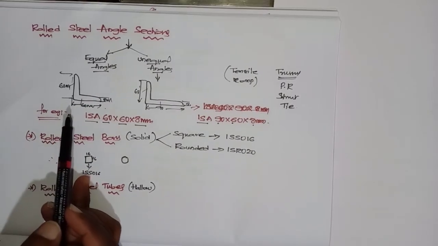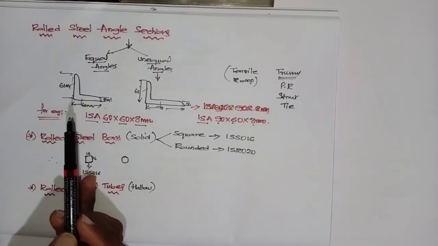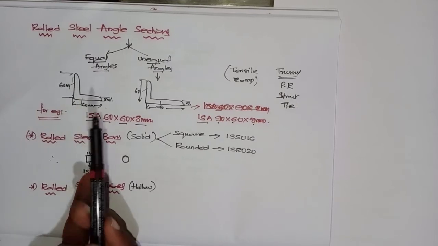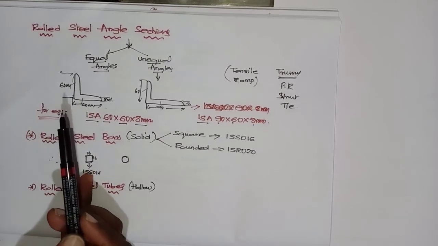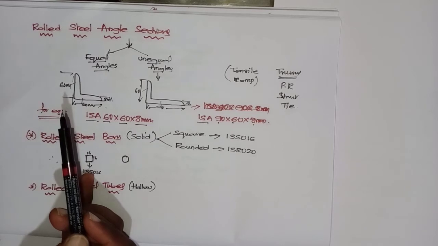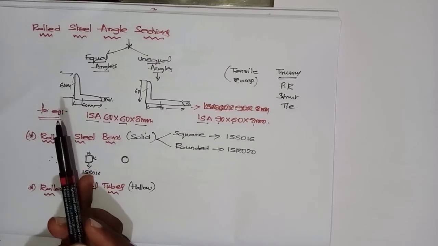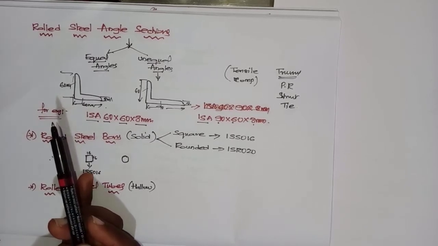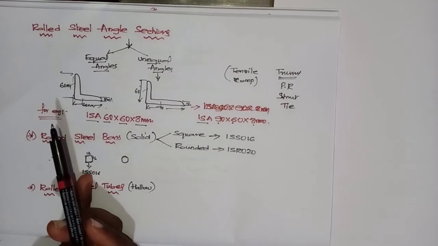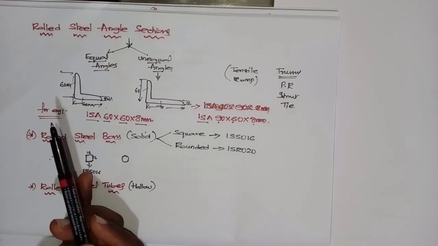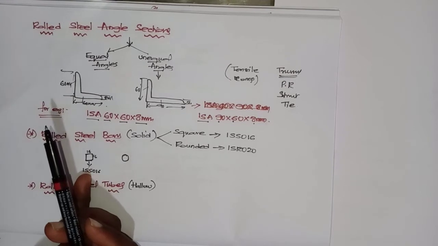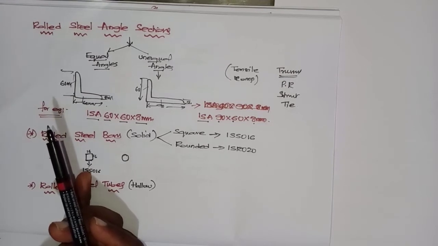So depending upon the loading conditions we call that a tension member or compression member, but by seeing we can say it is an angle section. As per geometrical shape that will be an angle section, but depending upon the loading conditions they have been categorized as what? Tension member, compression member.